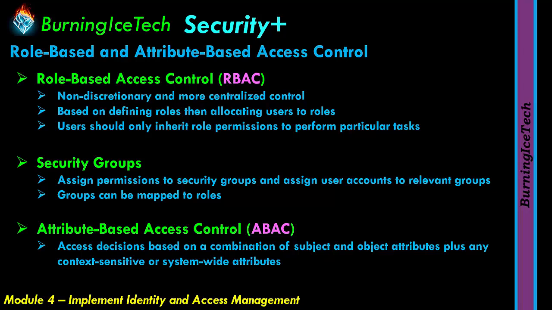Now, folks, as well as group or role memberships, these attributes could include information about the operating system currently being used. This could include information about the IP address or the presence of up-to-date patches and anti-malware, that kind of stuff.